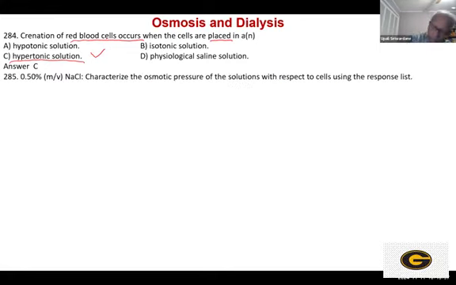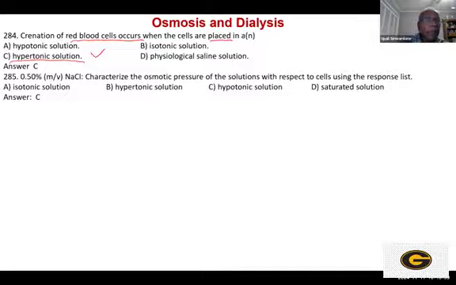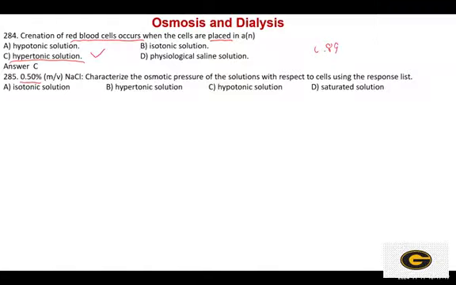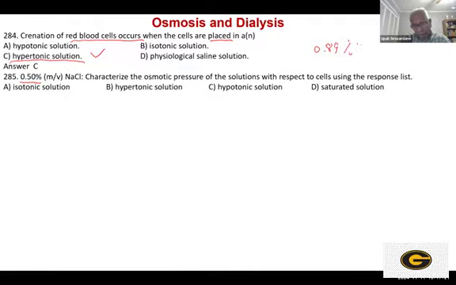If you have a 0.5 molar solution, we talked about saline solution being 0.89 weight by volume. Therefore, this is less than that. 8.9 is the weight by volume.